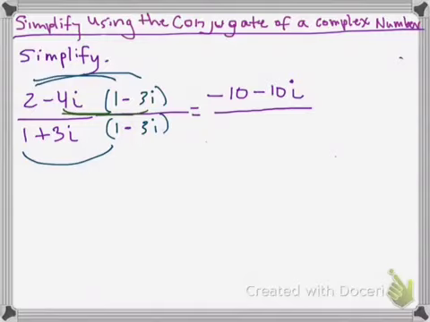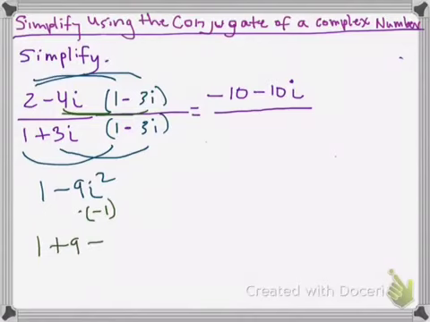So 1 times 1 is 1, and the 3i times the negative 3i is minus 9i squared. Again, I've got a negative 1 where that i squared is. So we've got 9 times a negative 1. That changes my minus 9 to a plus 9. So we've got 1 plus 9. And that's all I have in the denominator because my middle terms that had i's in them canceled out. So 1 plus 9 is 10, and I have a nice whole number. Not only is it rational, it's a nice whole number.